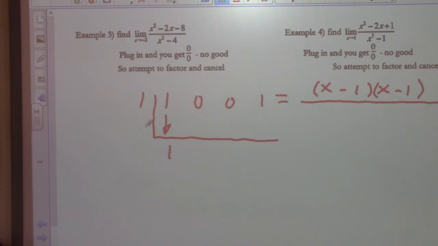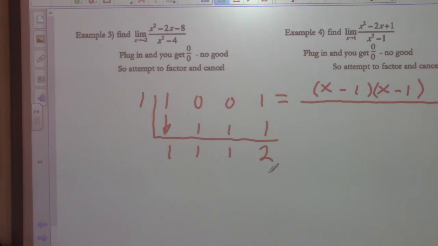And then what is 1 times 1? 1. 0 plus 1 is? 1. 1 times 1 is? 1. 0 plus 1 is? 1. And 1 times 1 is? 1. Then 2. And so we have 2.